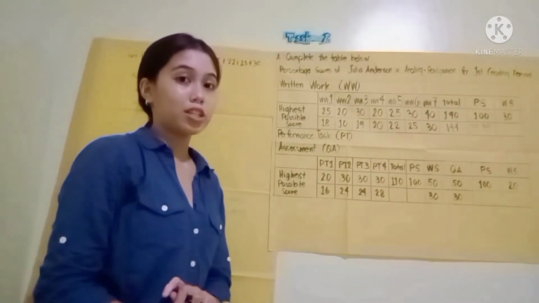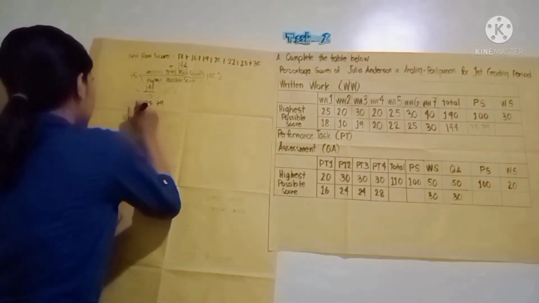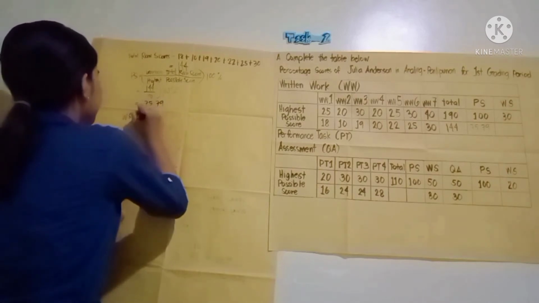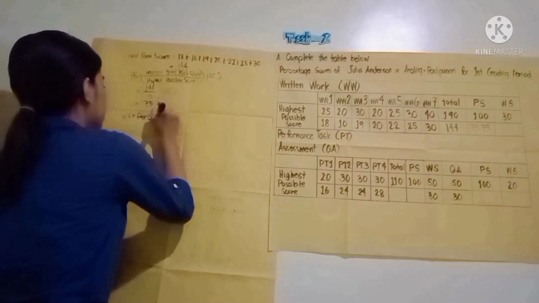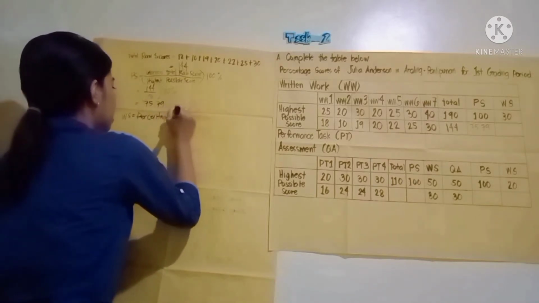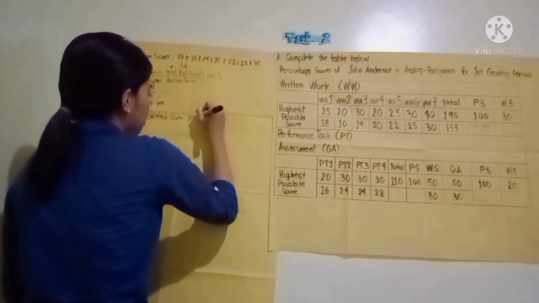Next is getting the weighted score. So the formula for the weighted score is the percentage score multiplied by its weight of component.